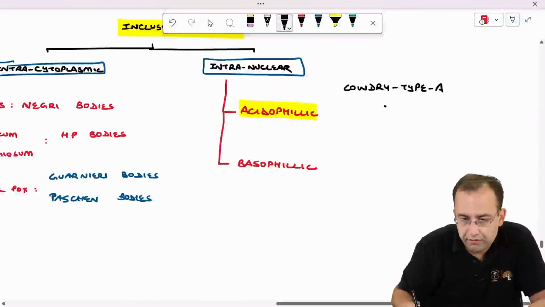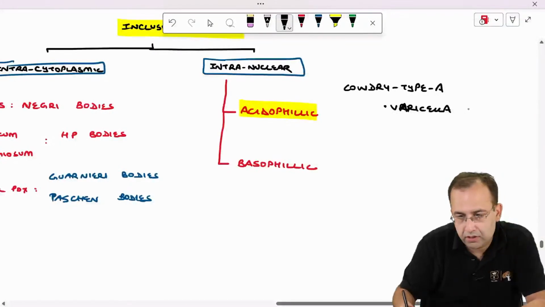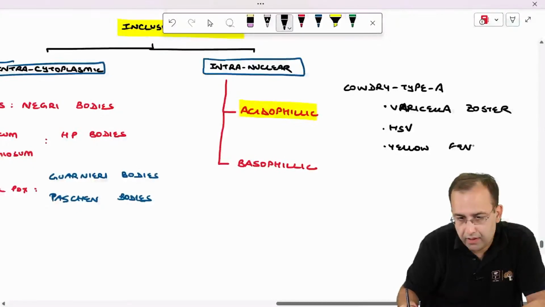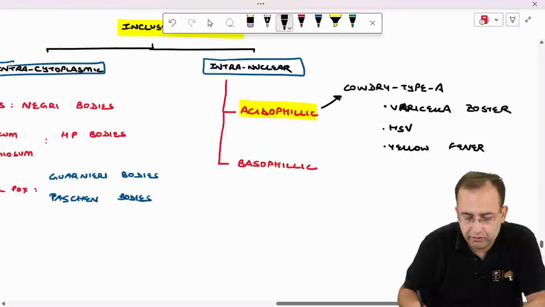Associated with varicella zoster, herpes simplex, and yellow fever, Cowdry type A. They are acidophilic.